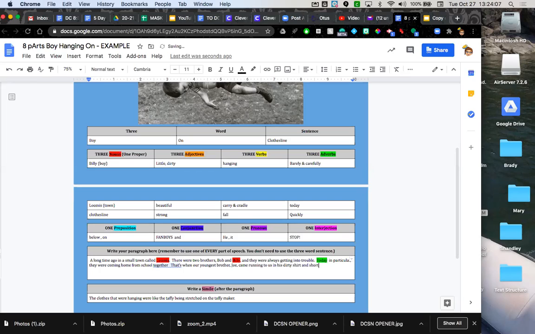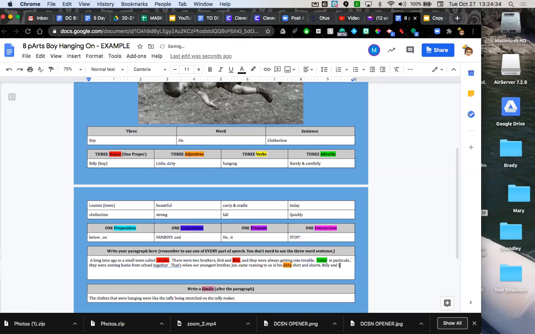Okay, so now I've used dirty. So dirty is an adjective. So to highlight it, again, I know we talked about highlighting before, but you have right here in line next to the A is a highlighter. So if I click on that, I know I want to highlight dirty in orange. He came running to us in his dirty shirt and shorts.